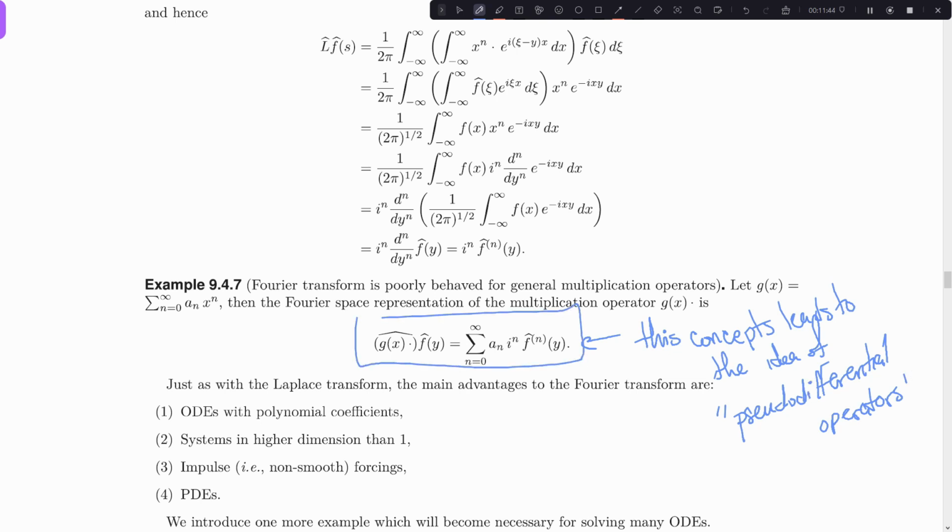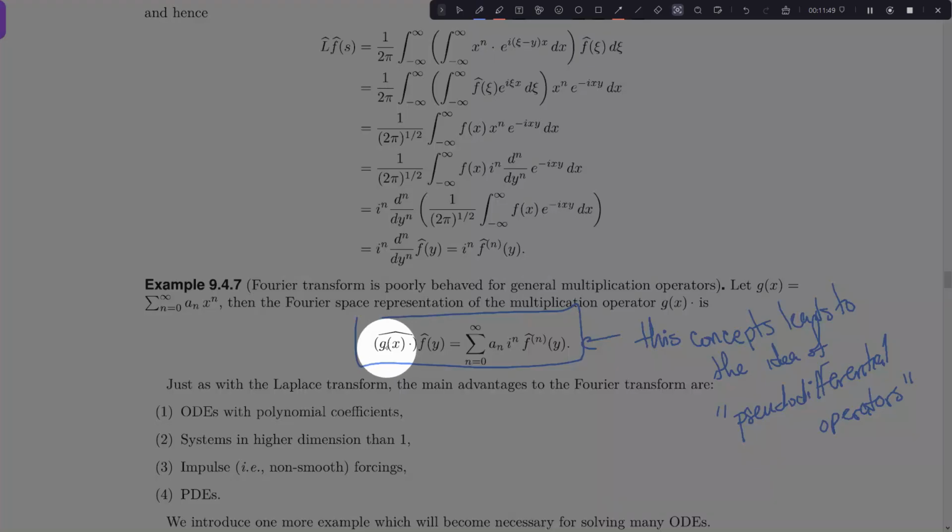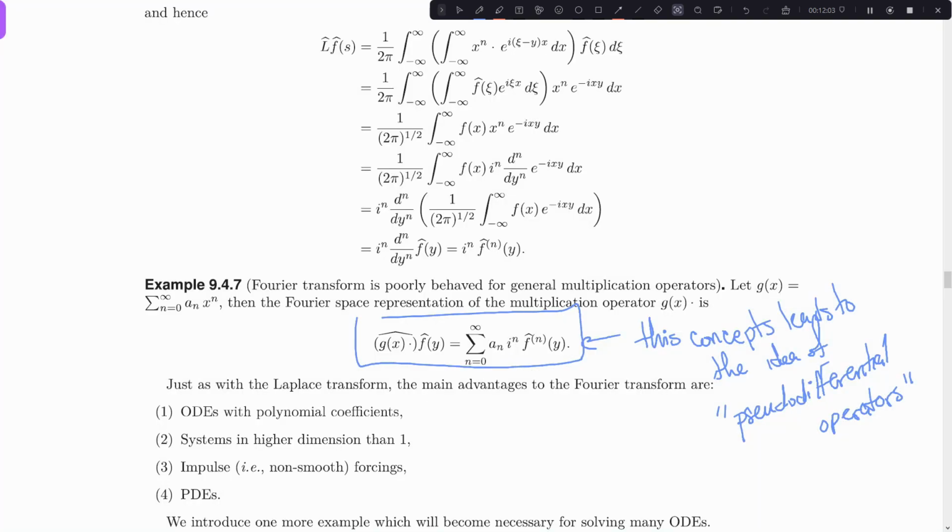We have this notion of pseudo differential operators because you can kind of tell that multiplication by g is behaving like a differential operator over here, but there are infinitely many of them, and so you get some really strange behavior because you technically have infinitely many derivatives on the right hand side, and that's where these pseudo differentials show up instead.